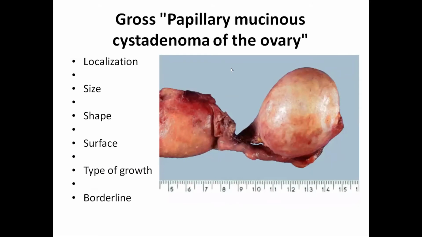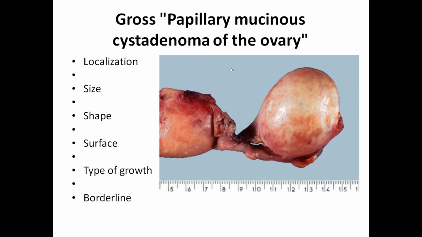Next, gross papillary mucinous cystadenoma of the ovary. This is uterus, tube, and ovary. Localization in ovary. Size 5 centimeters, maybe larger.